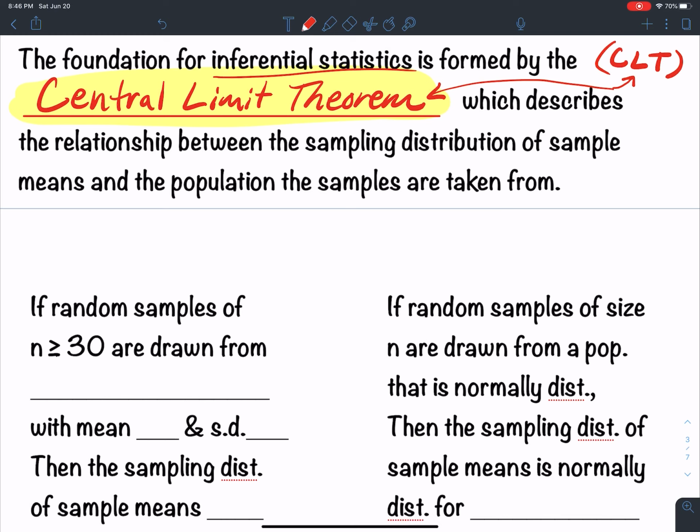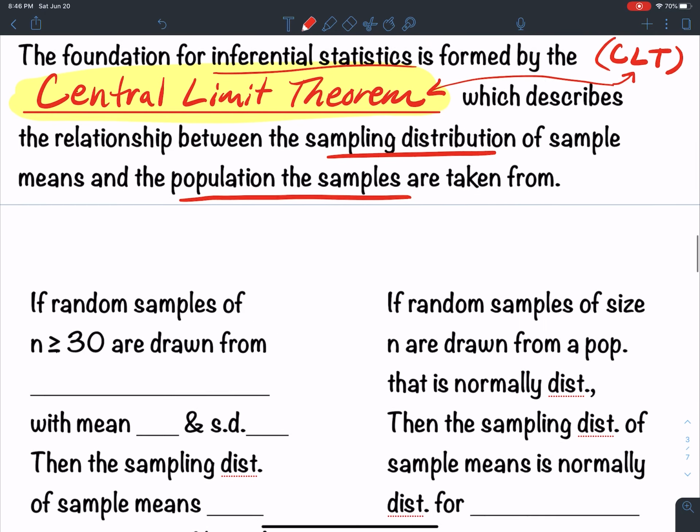This describes a relationship between the sampling distribution of sample means and the original population that the samples are taken from.